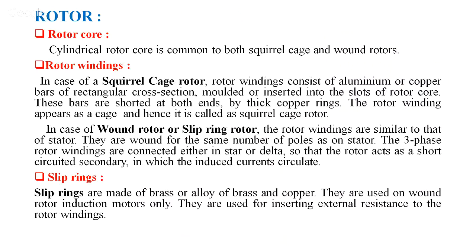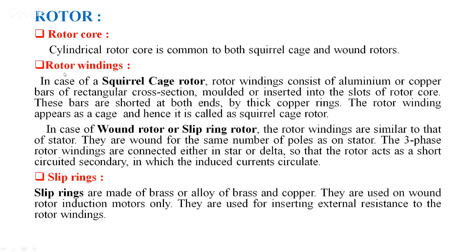Next, we'll understand the construction of the rotor. Rotor is the rotating part of the induction motor. The three main parts of the rotor are the rotor core, rotor windings, and the slip rings. Rotor core: a cylindrical rotor core is common to both squirrel cage and slip ring or wound rotors.